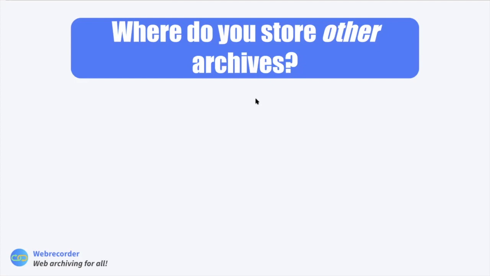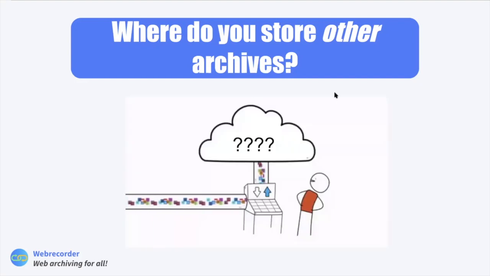Just because I really like this image, I use it again here. The idea is that if you're storing your other archives in the cloud, you should be able to store your web archives in the cloud. If you're storing them in your institutional repository, you should also be able to store your web archives there as well.